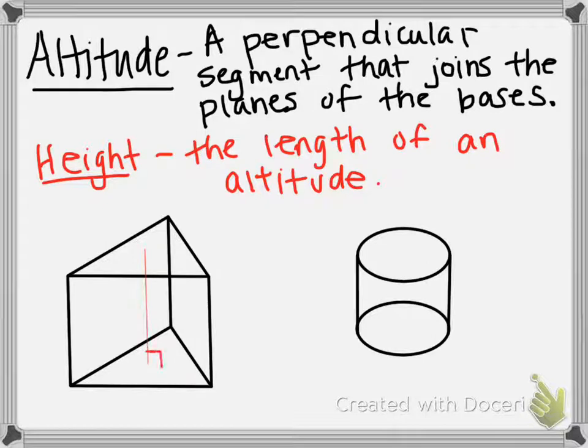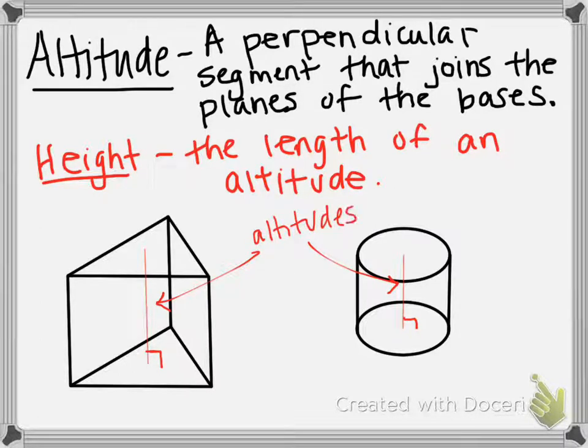So that means it's going to form a right angle with, I guess you could say, the floor or the flat bottom. Similarly, a cylinder also has an altitude and it has to be perpendicular. So those lines that you see right here and here, those are our altitudes.